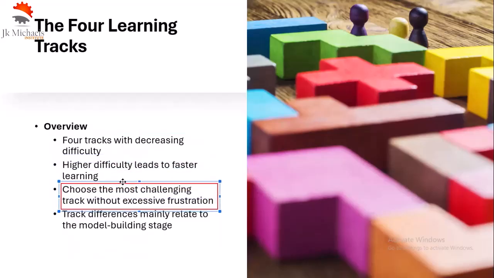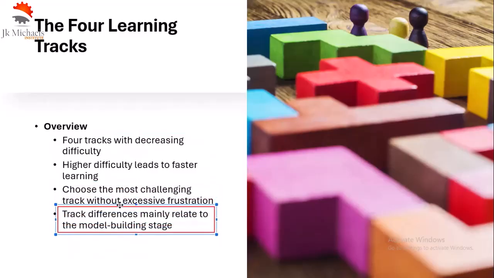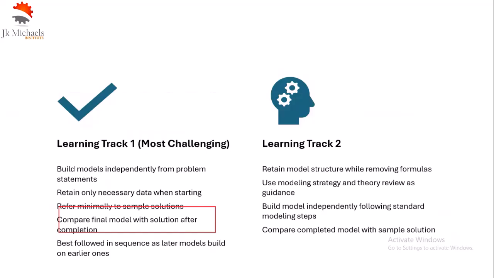You want to choose the most challenging learning track without excessive frustration, and it allows you to track differences related to the model building stage. So if you want to learn how to build models on an Excel spreadsheet, there are 4 approaches you can use in learning or mastering Excel.